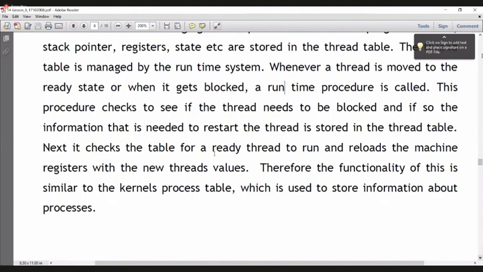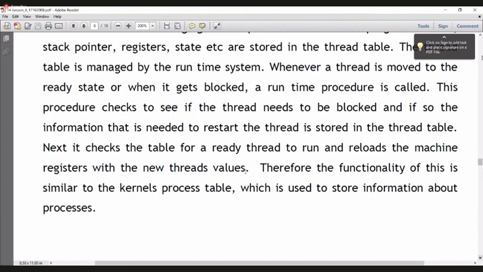Next, it checks the table for a ready thread to run and reloads the machine registers with the new thread values. It is very similar to the different states, blocked and running, what you have to do. Therefore, the functionality of this is similar to the kernel's process table.